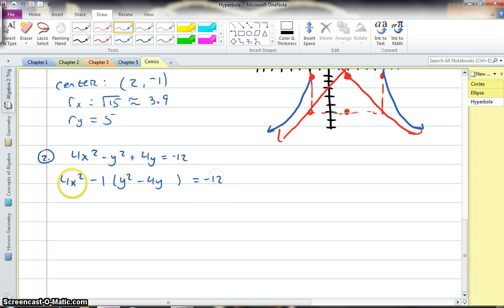Half of 4 is 2, squared is 4, so we're going to add 4. 4 times negative 1, so I'm subtracting 4 over here. And to factor this, I get minus, y minus 2 squared equals negative 16.